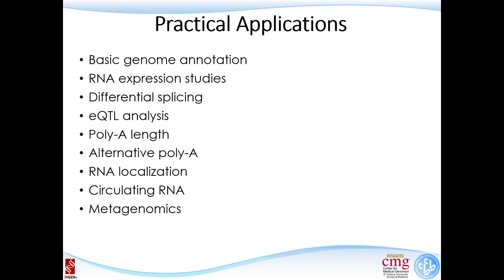Some of the newer things that people are working on are RNA localization and circulating RNAs. And then there's also circular RNA, which is considered to potentially be a sink for RNA binding proteins, and it can help control mass effects in the cell when it responds to stimulus.